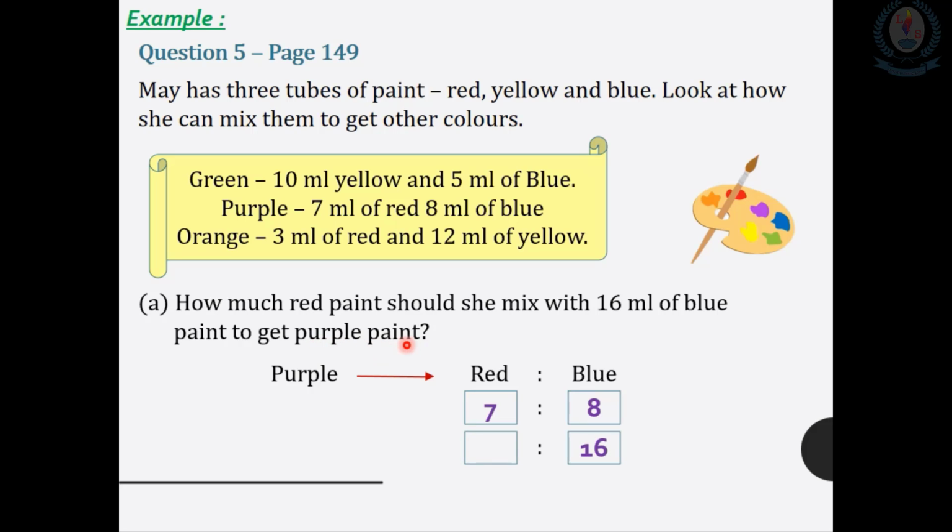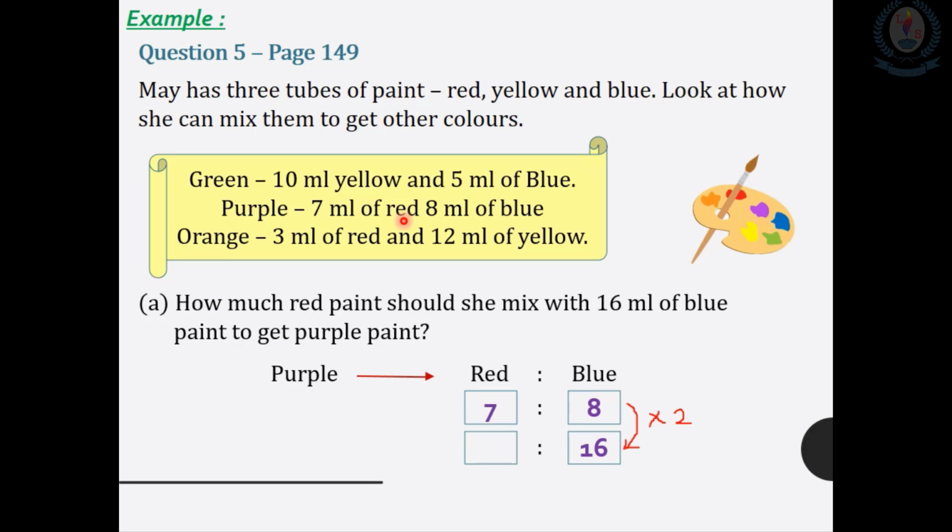Here you can see how an equivalent ratio is formed. According to this equivalent ratio, the second term has been changed. 8 has been changed to 16. That means, yes, when 8 is multiplied by 2, the number 16 comes.